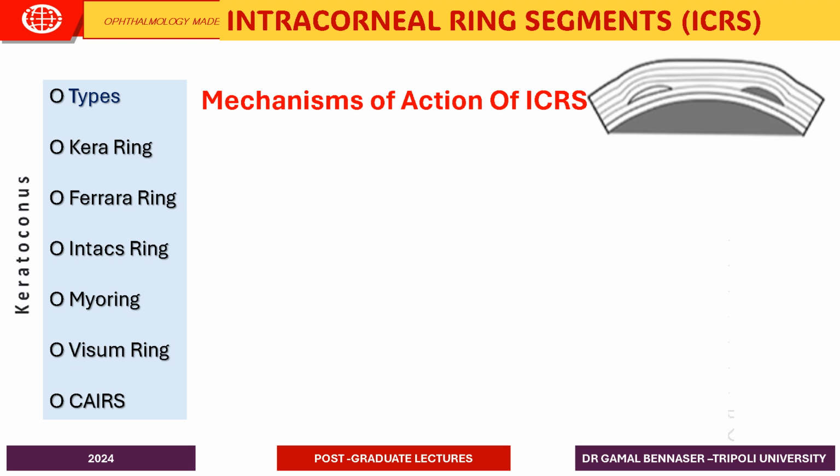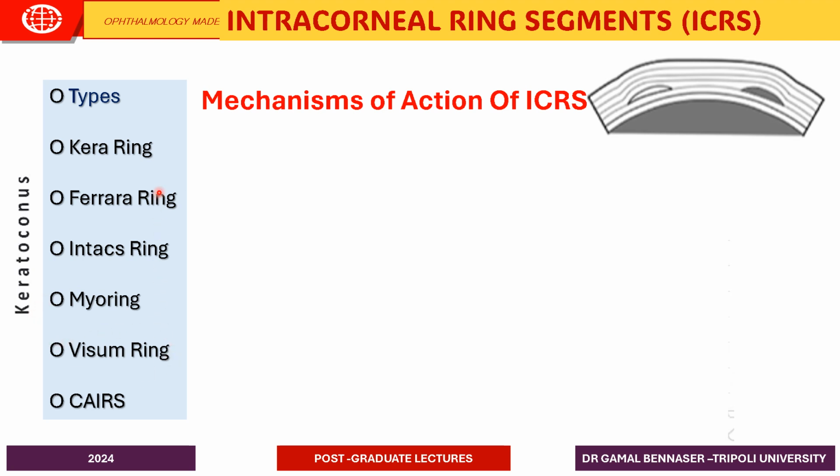Now, as far as the different intrastromal corneal rings available in the market, there are plenty of types. We will not speak in detail about each type. However, broadly speaking, we have the Keraring and the Ferrara rings, both from Brazil, and Intacs, Mayo rings, Visiontech rings, and the CAIRS.